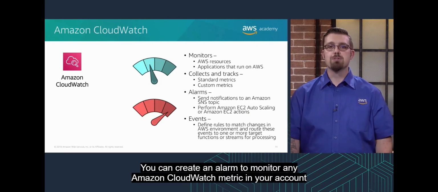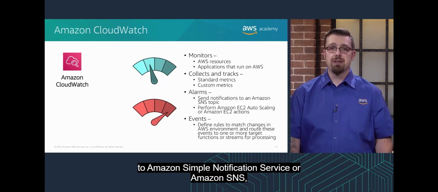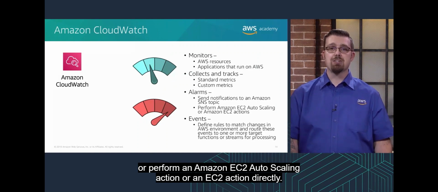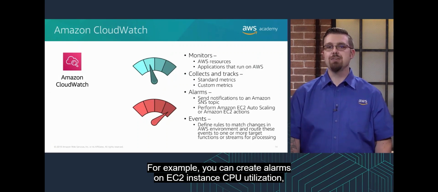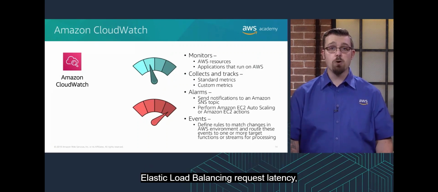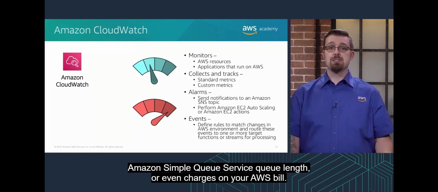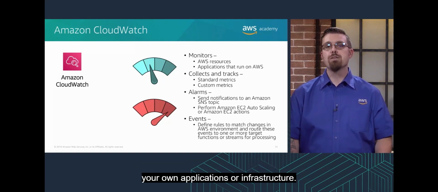You can create an alarm to monitor any Amazon CloudWatch metric in your account and use the alarm to automatically send a notification to Amazon Simple Notification Service, or Amazon SNS, or perform an Amazon EC2 Auto Scaling action or an EC2 action directly. For example, you can create alarms on EC2 instance CPU utilization, Elastic Load Balancing request latency, Amazon DynamoDB table throughput, Amazon Simple Queue Service queue length, or even charges on your AWS bill. You can also create an alarm on custom metrics that you are specifying for your own applications or infrastructure.